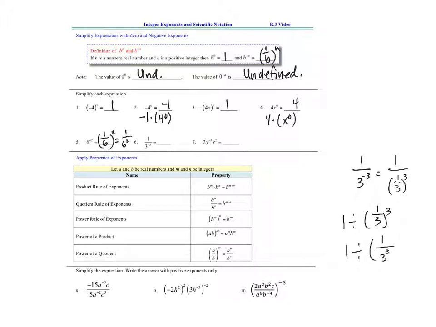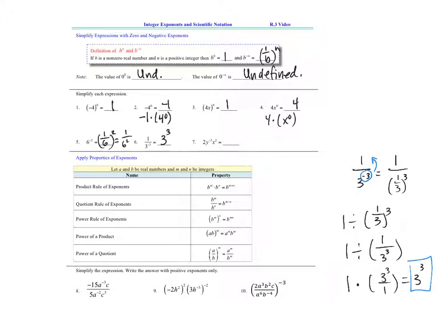I'm going to show the shortcut here. When we take division of fractions, we multiply times the reciprocal. So this ends up being 3 cubed. If it's negative down in the denominator, bring it up to the numerator and it will be positive up in the numerator. So this is a positive 3 cubed.